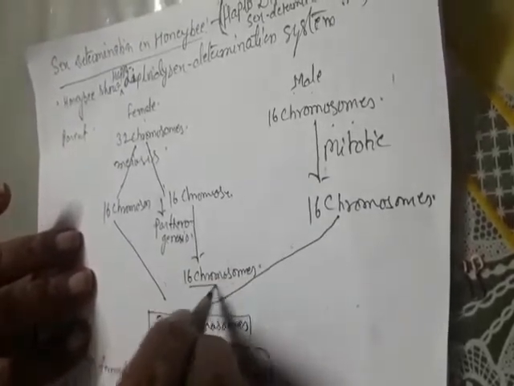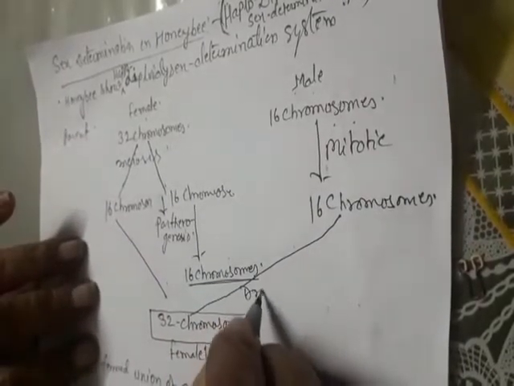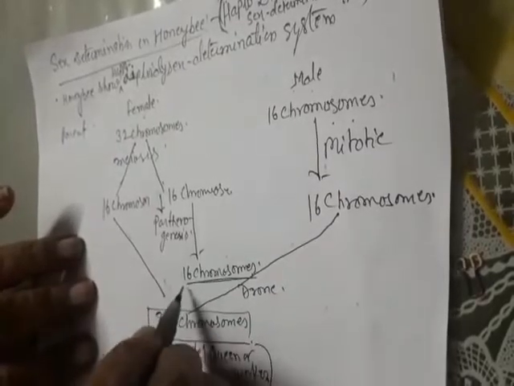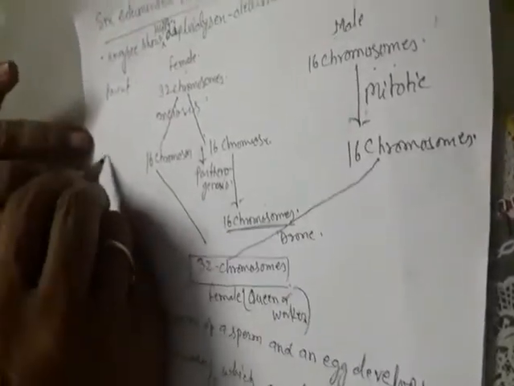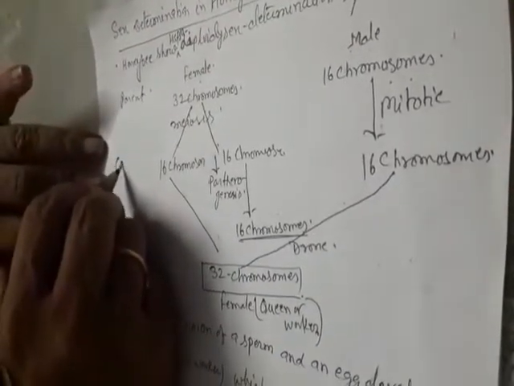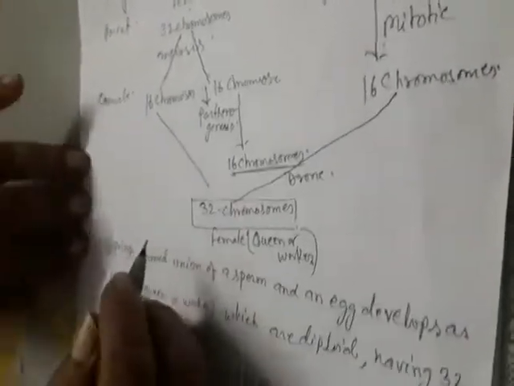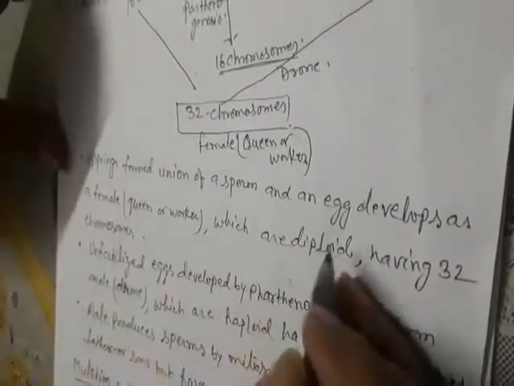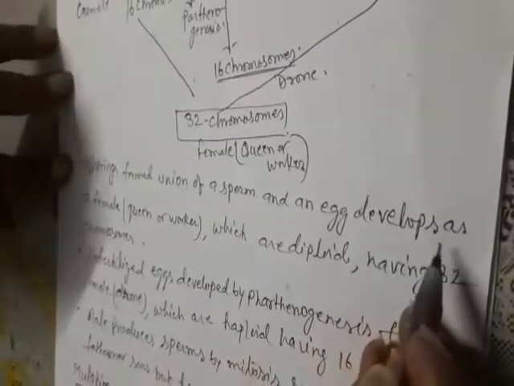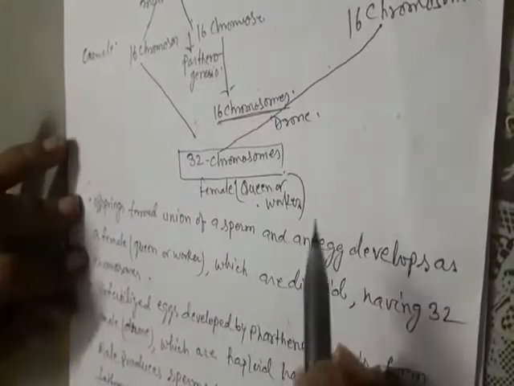Unfertilized eggs form drones. Parent, this is gamete and progeny. So offspring formed by union of a sperm and an egg develops as a female queen or worker, which are diploid, having 32 chromosomes.